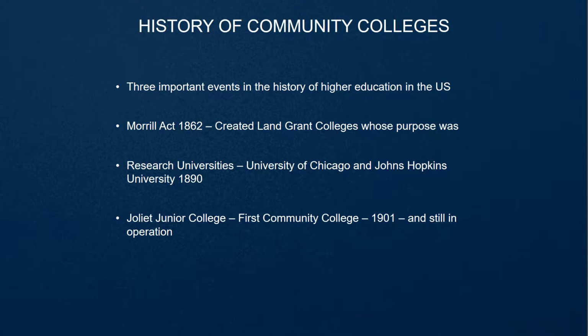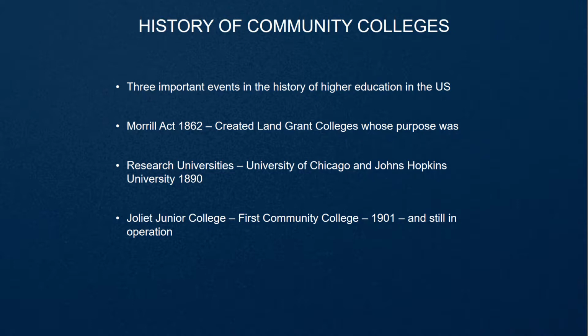Research universities, such as the University of Chicago and Johns Hopkins University, in the 1890s, developed what you might think of as the curriculum for a community college or a junior college.